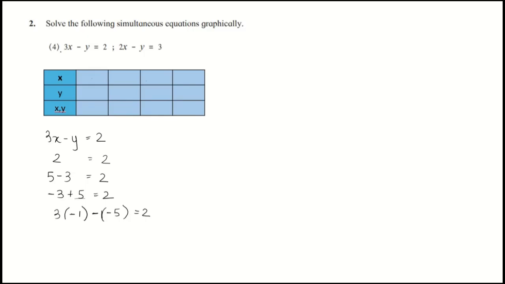So x can be written as minus 1 and y as minus 5, that is minus 1 comma minus 5. We got one point for x and y each.